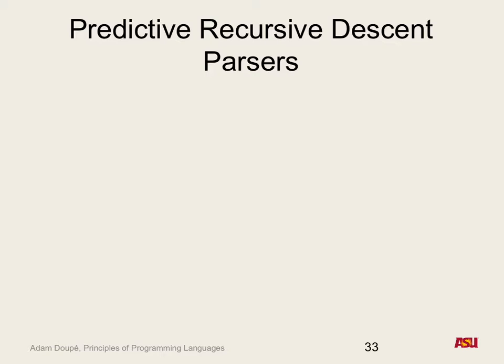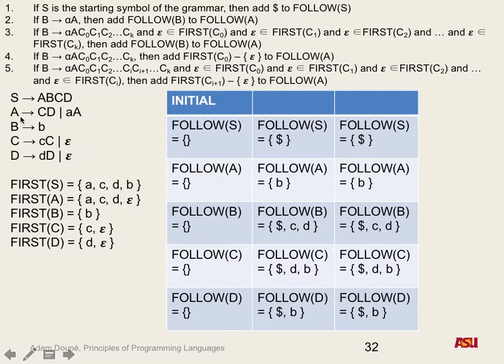When we're trying to parse a non-terminal, let's say an A, we need to make a decision based on the tokens that we're seeing. Is it A goes to CD or A goes to little a, big A?